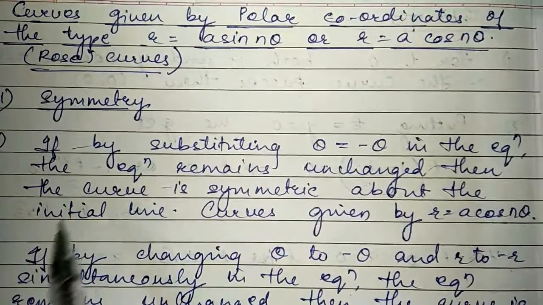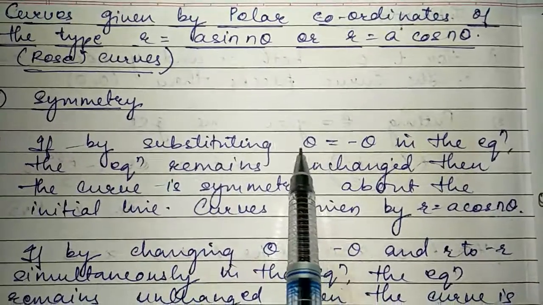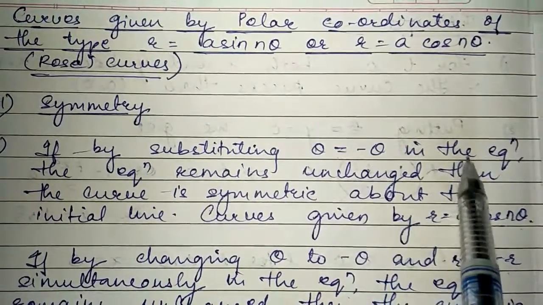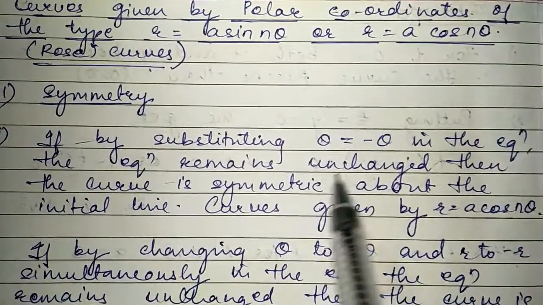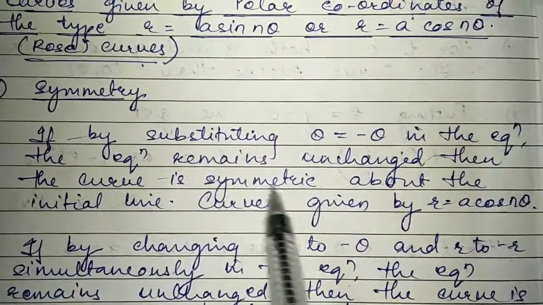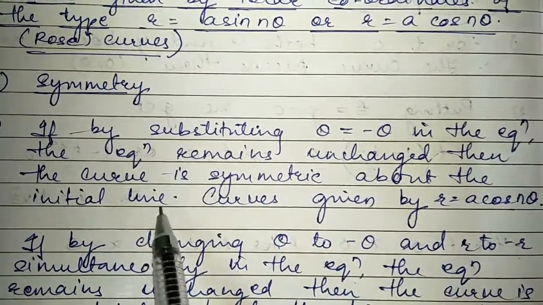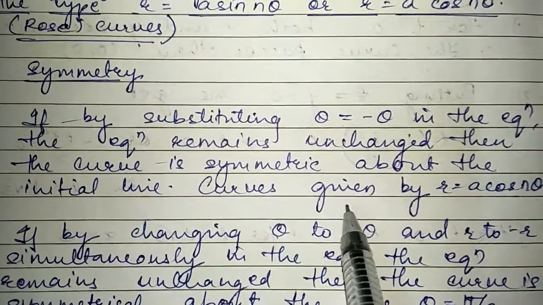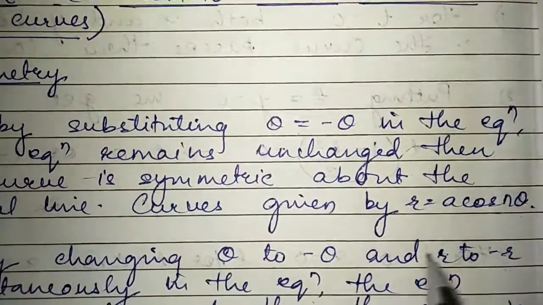Now to check the symmetry of the curve, if we substitute theta is equal to minus theta in the equation of the curve, and if the equation remains unchanged, then we can say that the given curve is symmetric about the initial line. Like we can say the curves given by r is equal to a cos n theta.